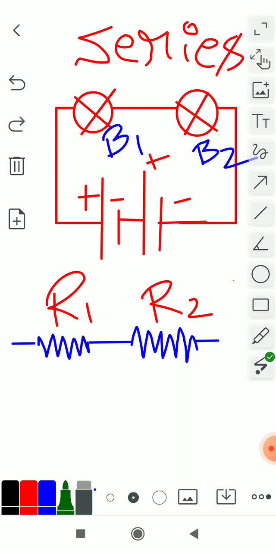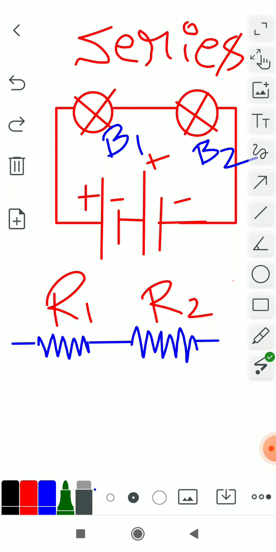Now when the current is flowing from the positive terminal to the negative terminal of a circuit, the current is choosing a single path. How can you identify this?